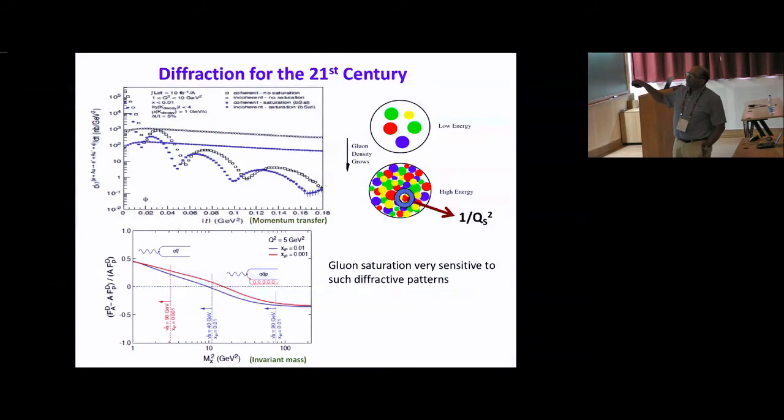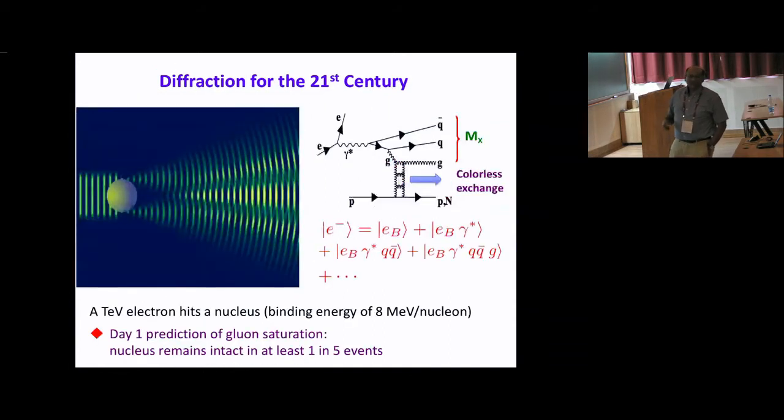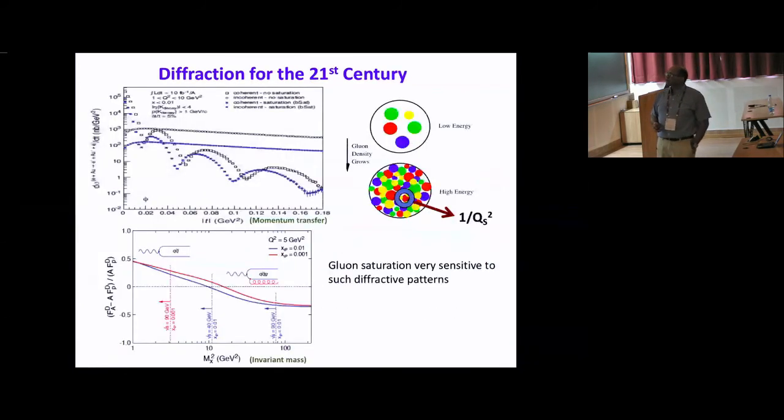And there are very interesting arguments about the pattern of these as a function of the invariant mass. So these are interesting details of different predictions from QCD-based theories of what would happen. And in particular, this gluon saturation phenomenon that I mentioned is very sensitive to such diffractive patterns, and you can easily separate on day one with the EIC different models of gluon saturation from each other, or no saturation, with such pictures.